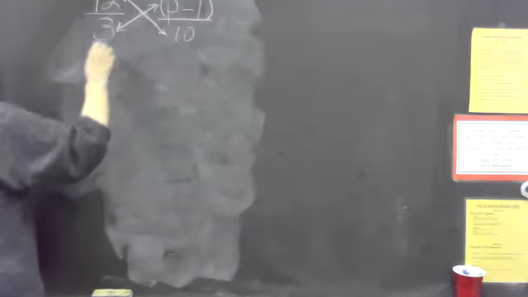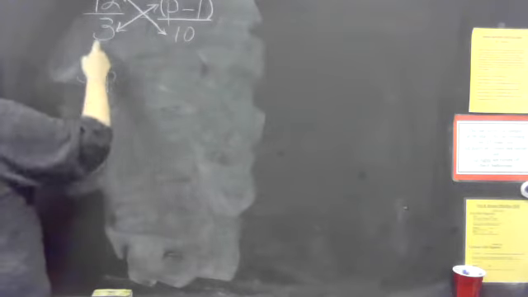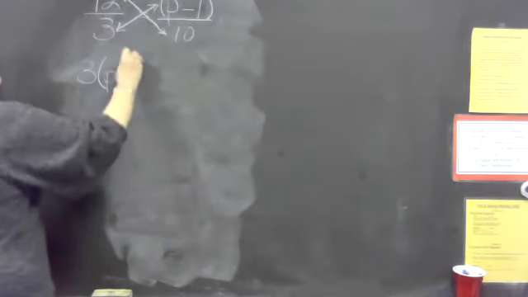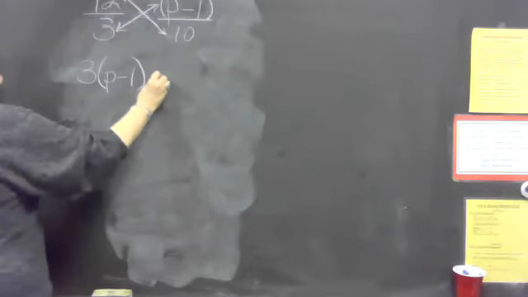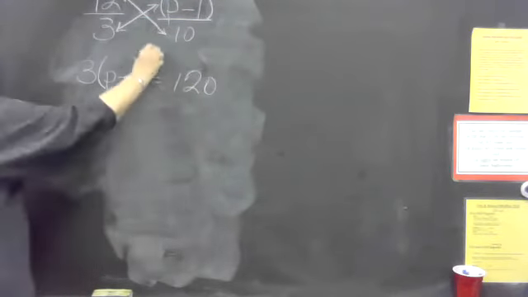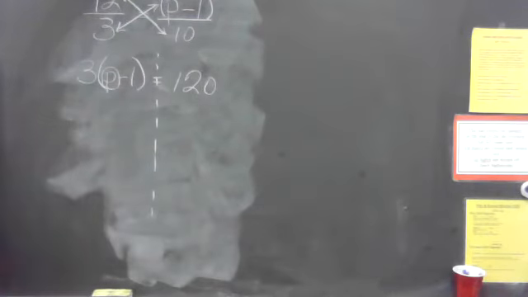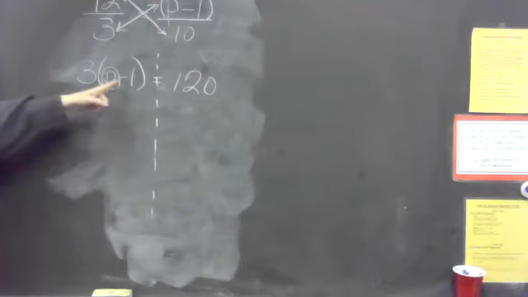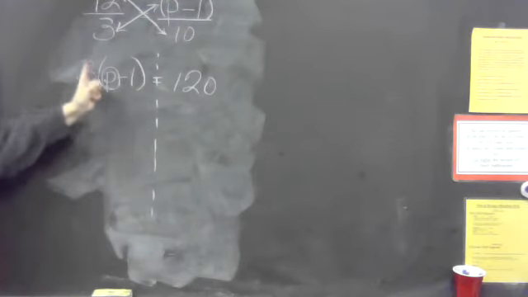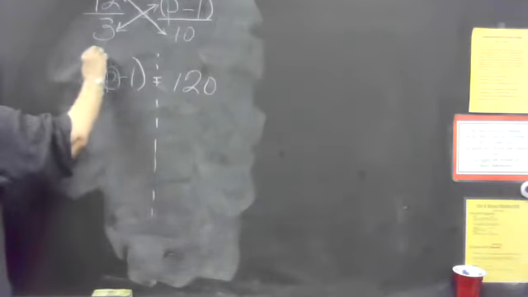So here we go, 3 times the set, because it's the bottom times the top, has to equal 120. So we're going to solve for P, but we know that we can't take this 1 out of a set. So our second choice is to do the distributive property, right? Okay, right. Y'all go ahead and you can check with what I get.